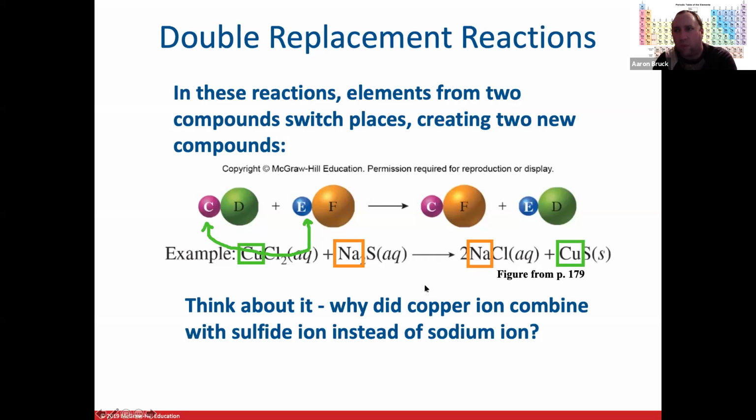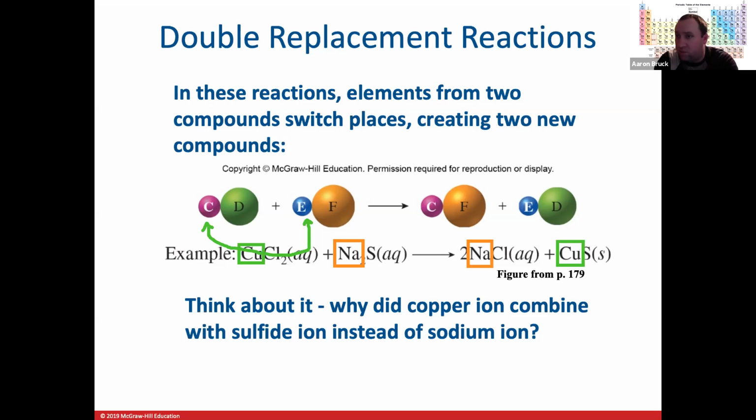So double replacement reactions and single replacement reactions are very similar in that regard. What we're talking about are two ions or two elements switching places. The difference between single replacement and double replacement are the number of compounds involved. In single replacement, we have one compound being involved, and the other thing that is involved is an element.